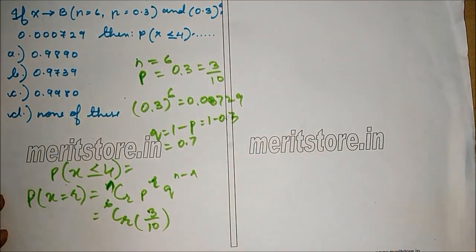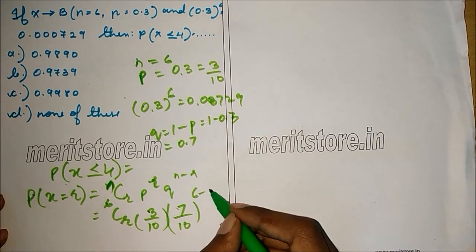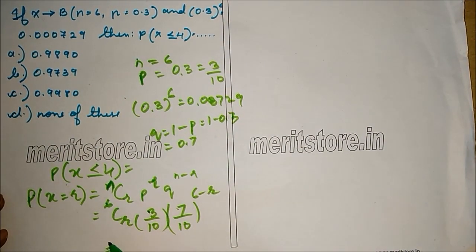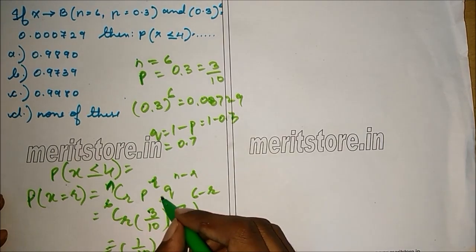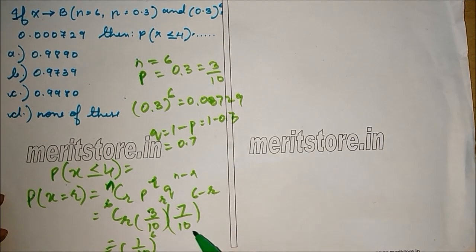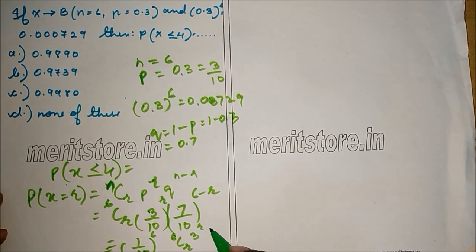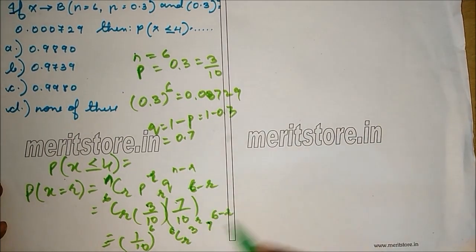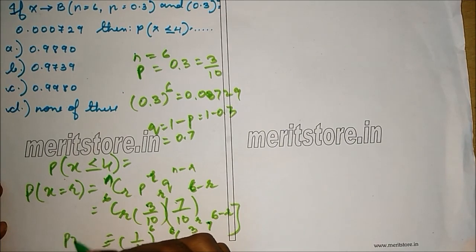So q is 0.7, so 7 by 10 raised to 6 minus r. So that is equal to 1 by 10 raised to 6, CR, 3 raised to r, 7 raised to 6 minus r. So this is the general form for probability x equals r.